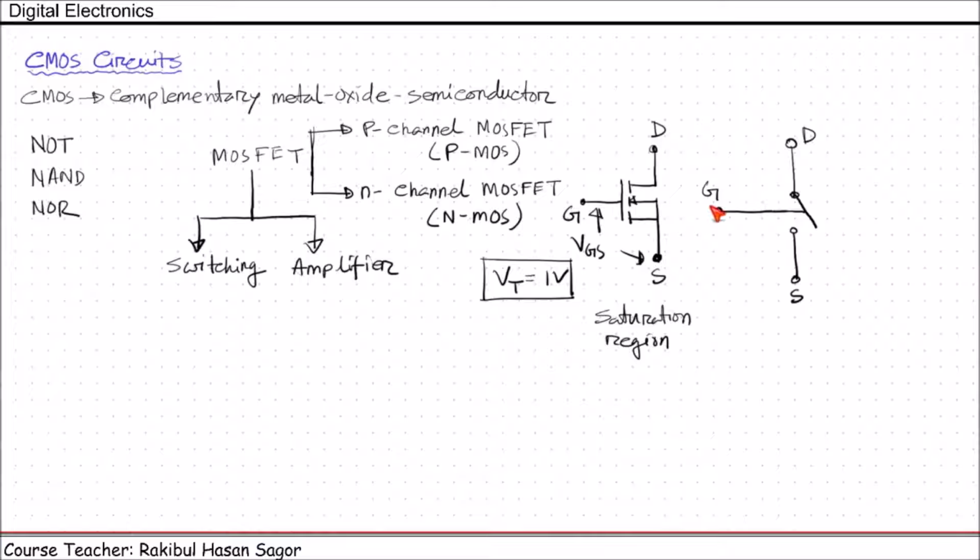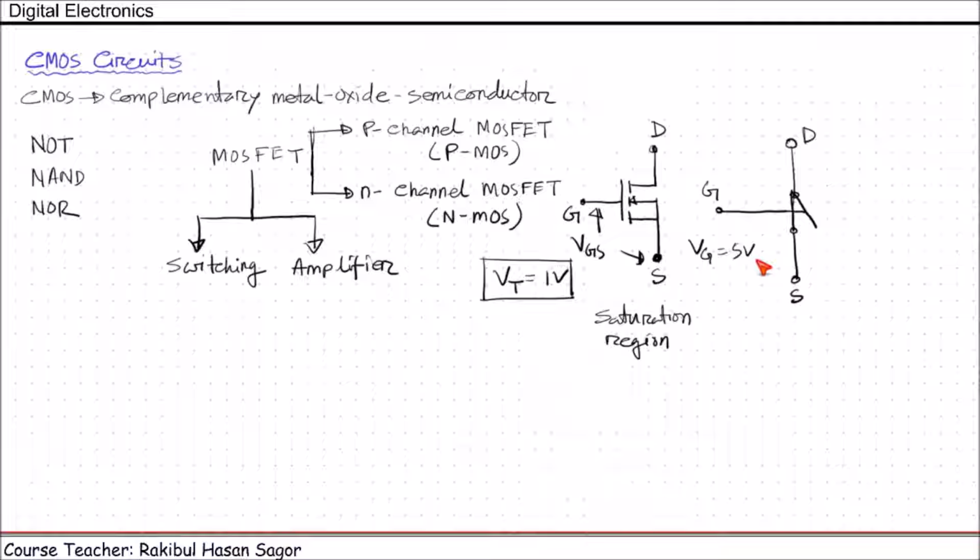When we provide this gate voltage much greater than the threshold voltage, it will move to saturation region, and that will cause this switch to be shorted. So this line will be shorted and current flowing through this line will be the highest when we are providing Vg equal to 5 volt.